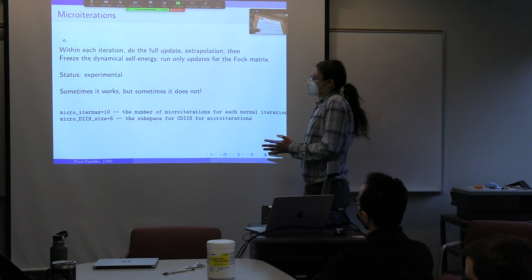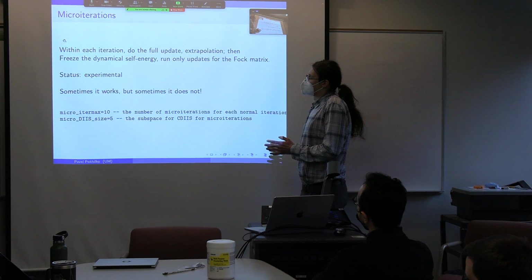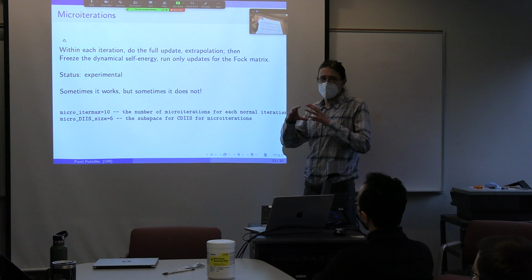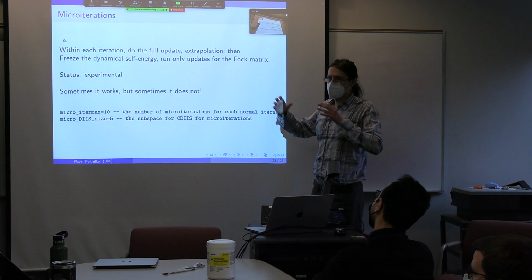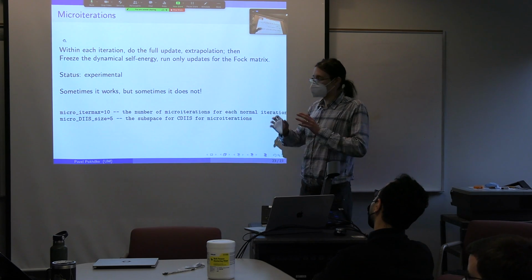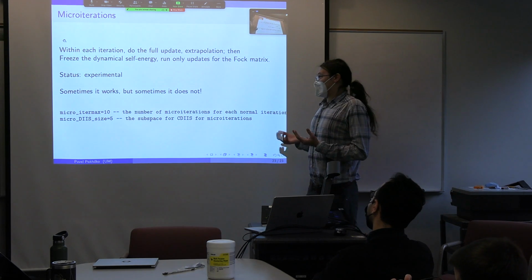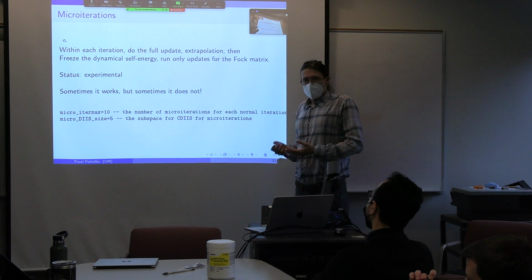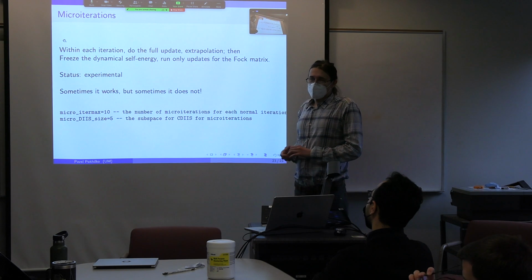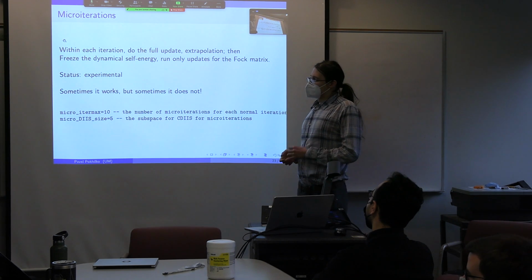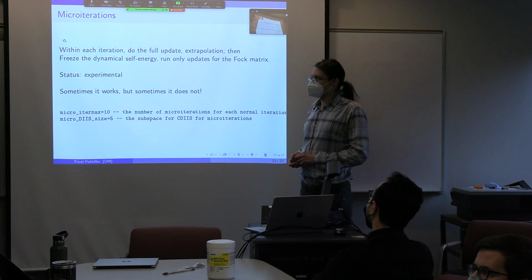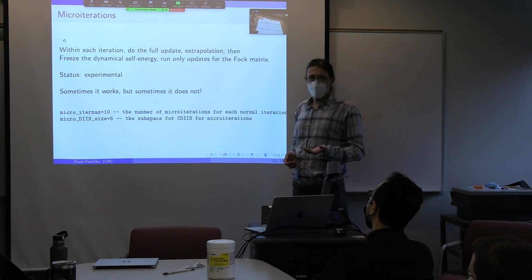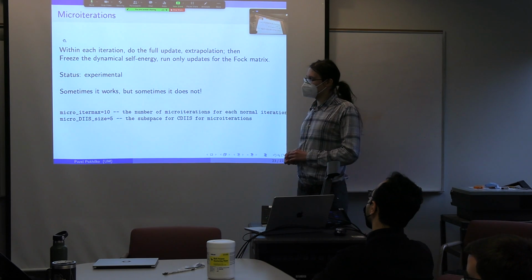And I implemented only commutative DIIS for the updates of the Fock matrix, but micro-iterations can use whatever else is available. It is a somewhat experimental feature, and although it seems to be correct, in practice I see that sometimes it works. So for very weakly correlated systems, it leads to fewer expensive iterations.